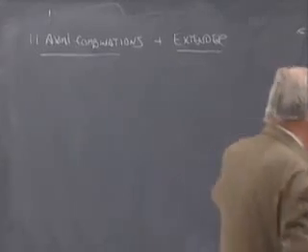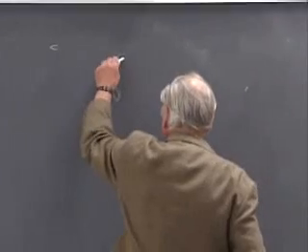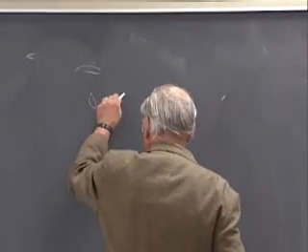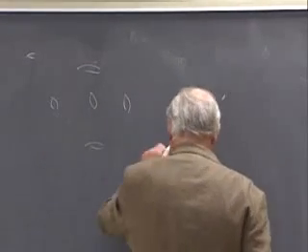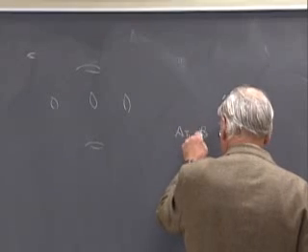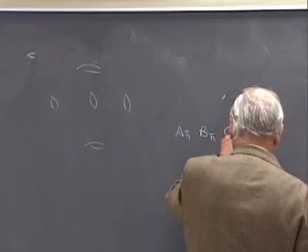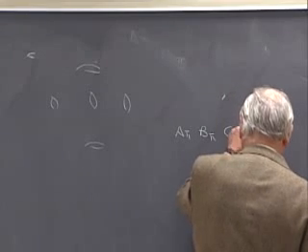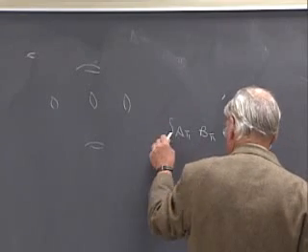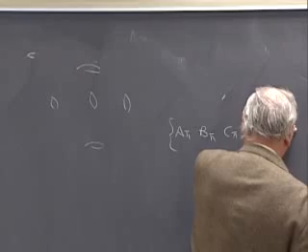So for example, if we take 2, 2, 2, which contains the operations a pi, b pi, c pi, and identity. That's the group 2, 2, 2.